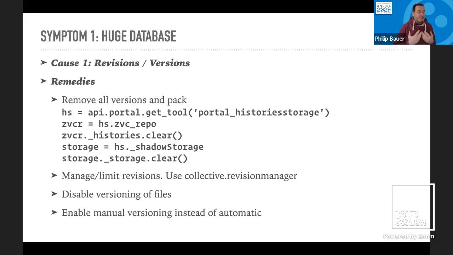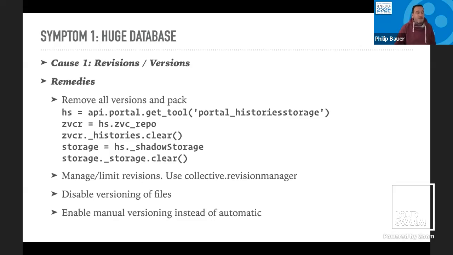So why is this a good idea? It is a good idea because for various reasons, there can be a lot of revisions of content that actually doesn't exist anymore. There are ways that this just happens during operations.